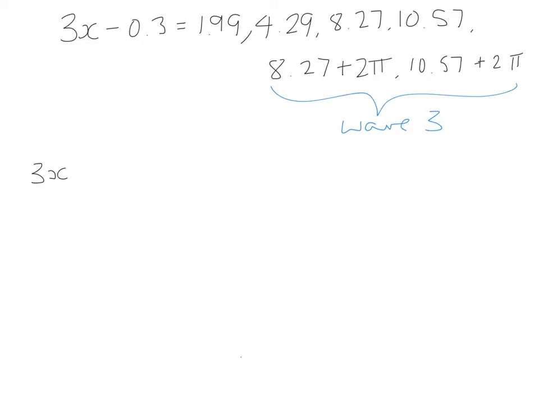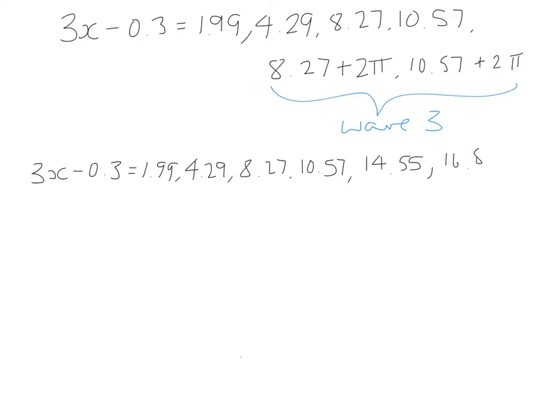So we're going to have 3x minus 0.3 equal to 1.99, 4.29, 8.27, 10.57, 14.55, and 16.85. And there are our 6 solutions, but those are the 6 solutions that are equal to 3x minus 0.3.